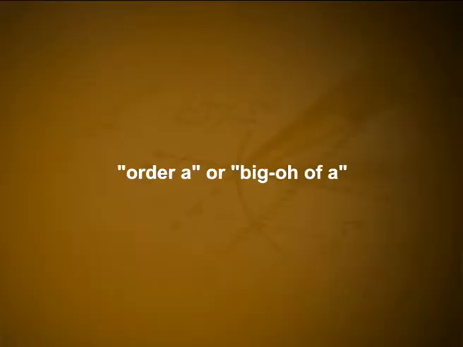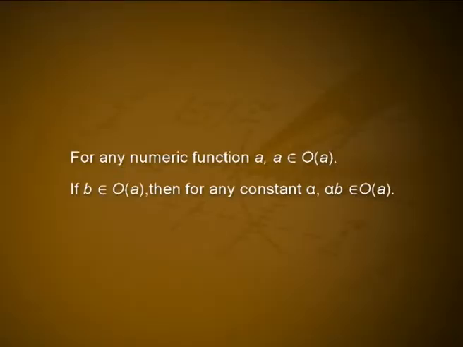For any numeric function a, modulus a asymptotically dominates a. For a given discrete numeric function a, let O(a) denote the set of all numeric functions that are asymptotically dominated by a. Then O(a) is read as order of a or big O of a. For any numeric function, a is an element of O(a).